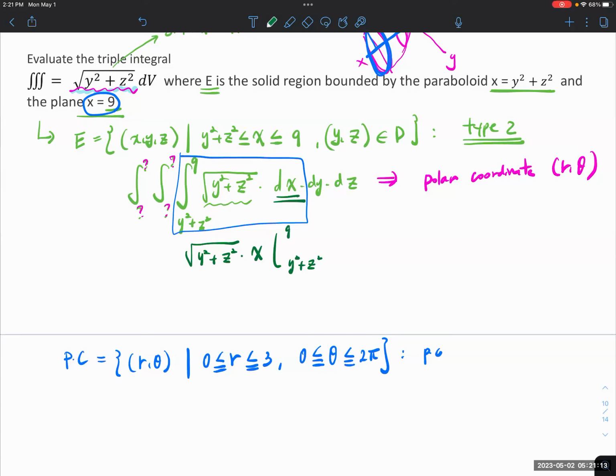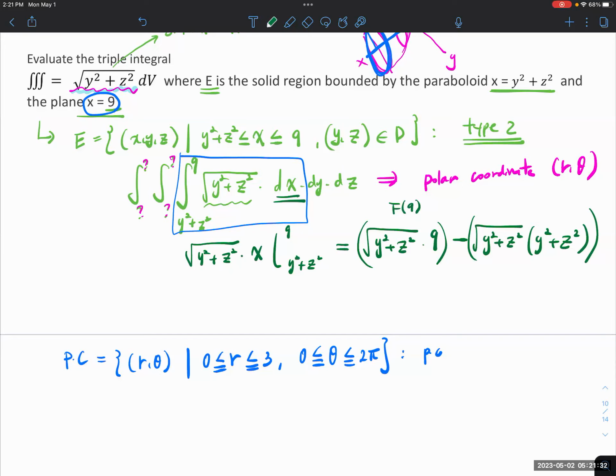That means radical of y squared plus z squared times 9 minus y squared plus z squared. Are you okay? And then I can simplify this common factor.